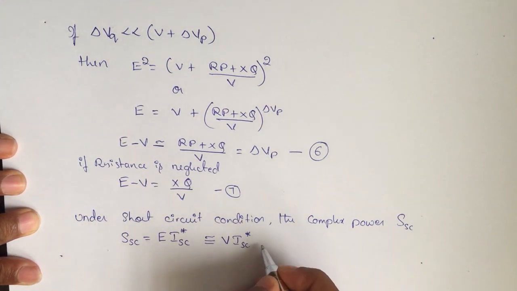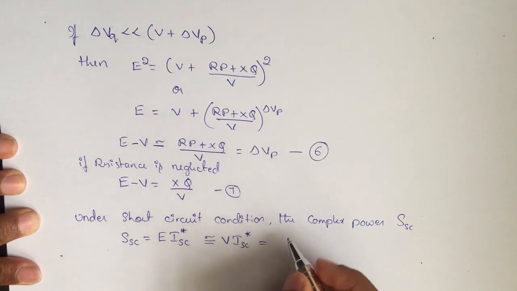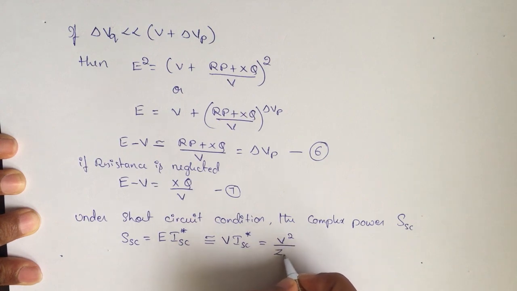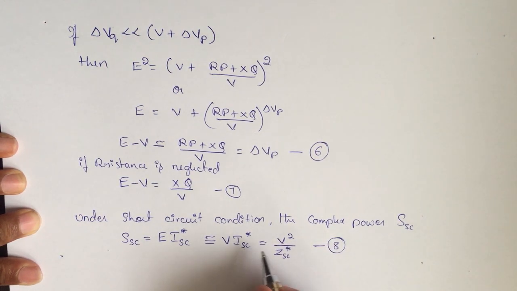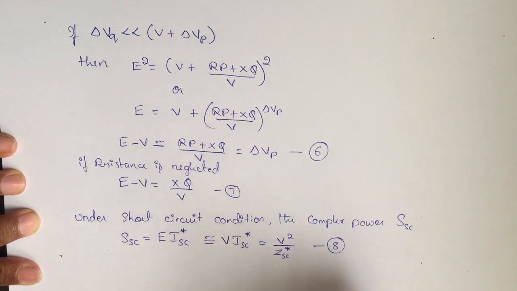We are assuming that, if we replace ISC, we'll be having V square by ZSC conjugate, marking it as equation number 8. Current is nothing but V by Z, so V into V is V square by ZSC conjugate.